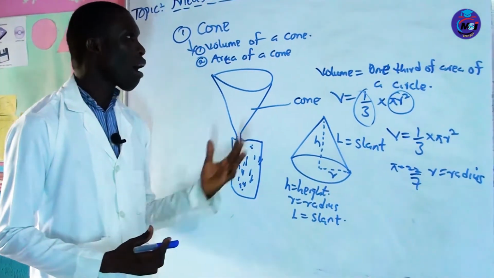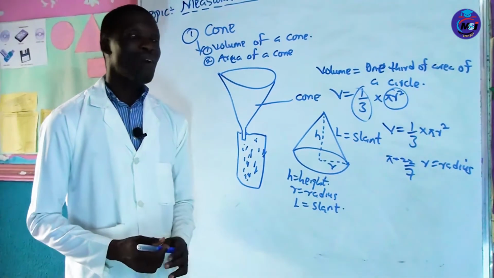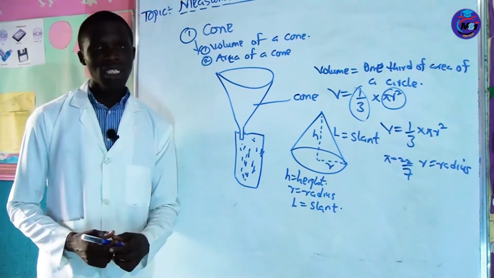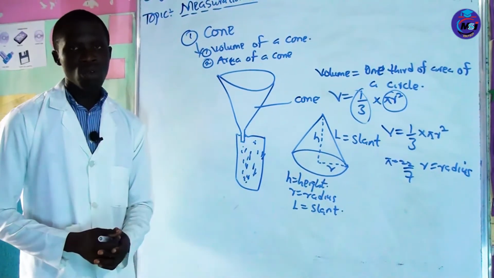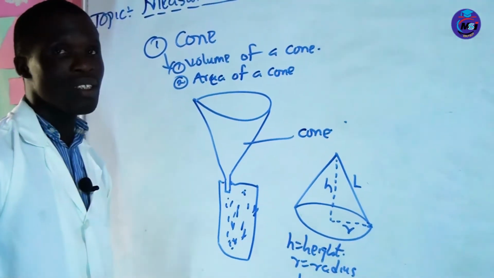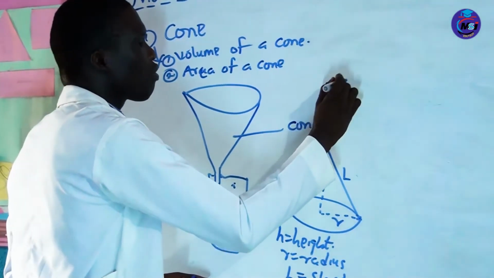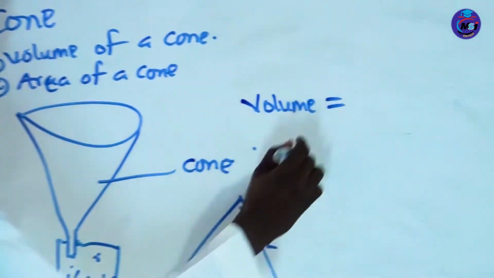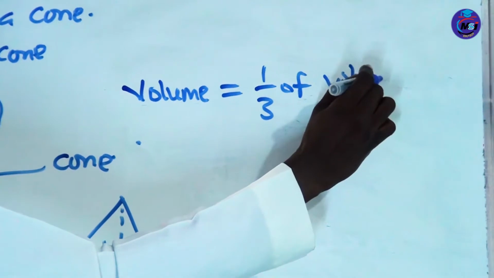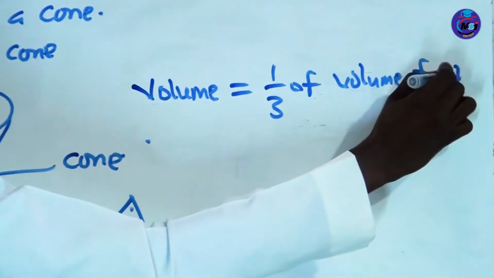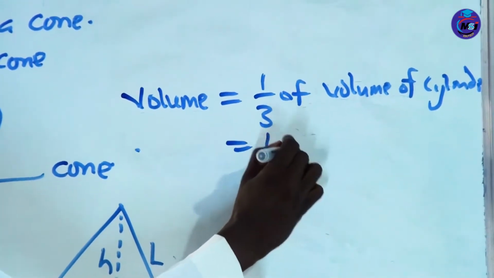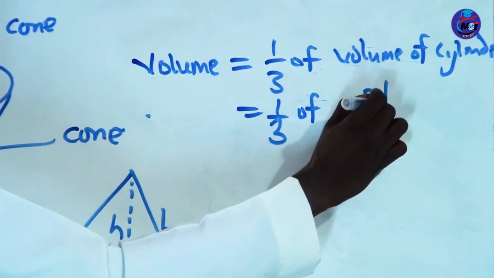Okay, now since we know the formula to find the volume of a cone, we can give an example of how we can apply this formula. Okay, class, so this is a cone. How can we find the volume of a cone? Volume of a cone equals 1/3 of volume of cylinder. This will give us 1/3 of pi r squared h.